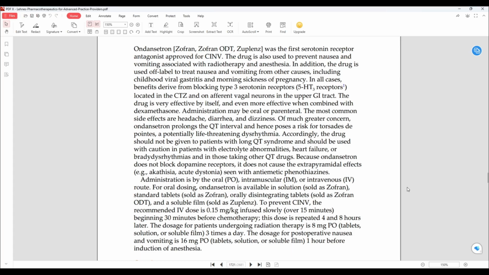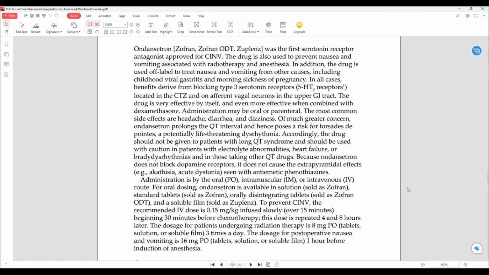The most common side effects include headache, diarrhea, and dizziness. Of much greater concern, ondansetron prolongs the QT interval and hence poses a risk for torsades de pointes, a potentially life-threatening dysrhythmia.